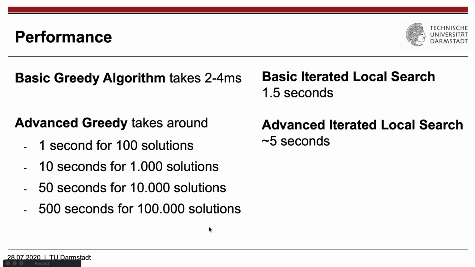So the first two versions are within a reasonable time a user would wait for this, but I think for these 50 seconds and 500 seconds, this is not something we want to deploy in practice. For the basic iterated local search, this takes about 1.5 seconds, and the advanced iterated local search takes around 5 seconds.